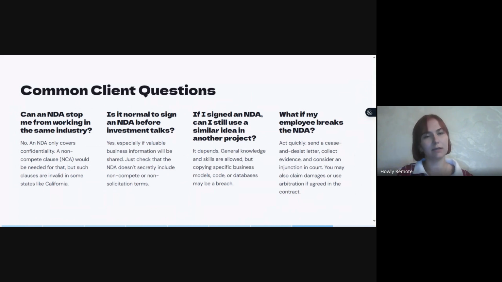First, send a cease and desist letter. Second, collect evidence of the breach. Third, seek an injunction to stop further disclosure. Finally, the company may claim damages or use arbitration if it was agreed in the NDA. So there are multiple options depending on the situation.